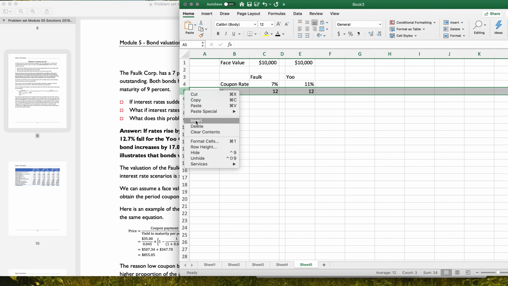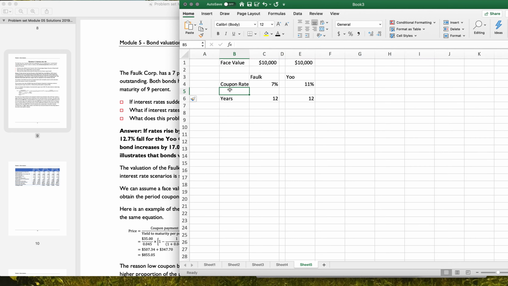Let's insert and do the coupon payment. The coupon rate is going to be 7% divided by 2, and then we're going to multiply that times the face value of the bond.